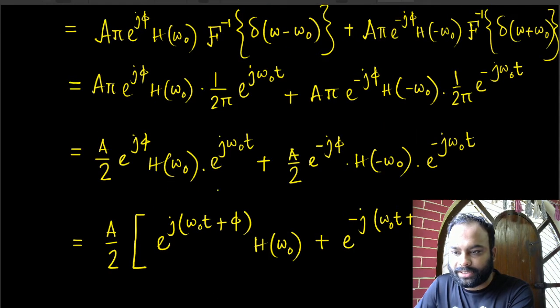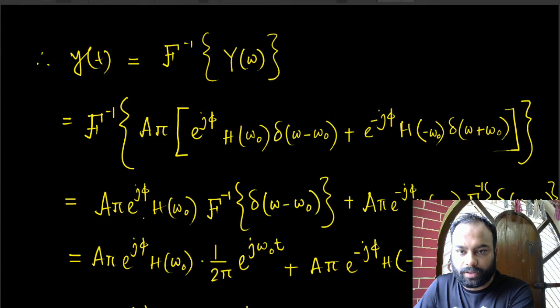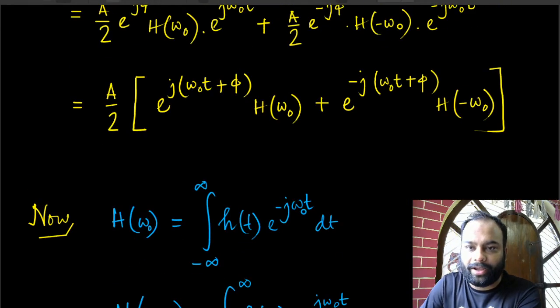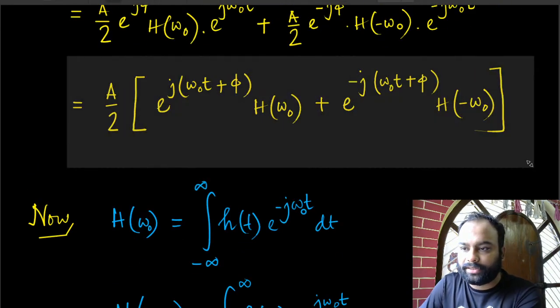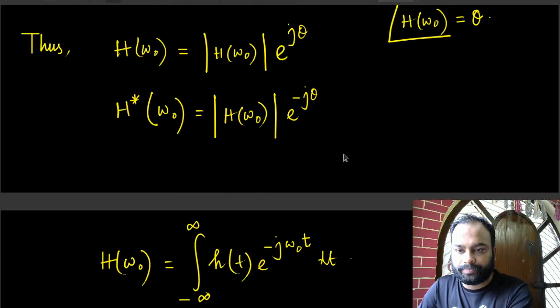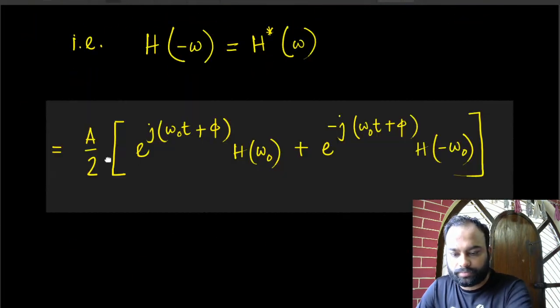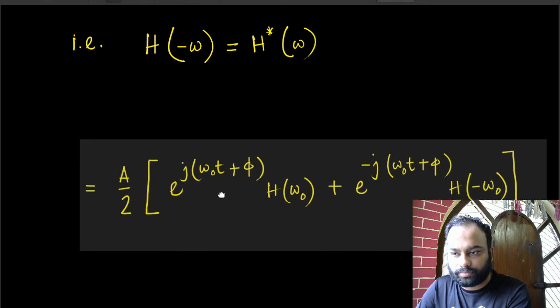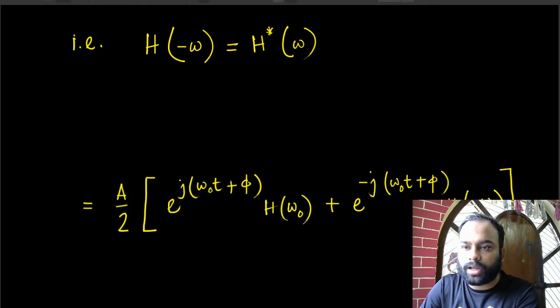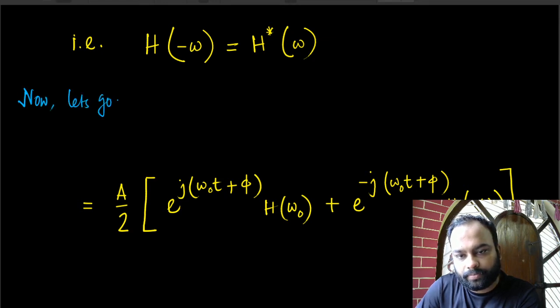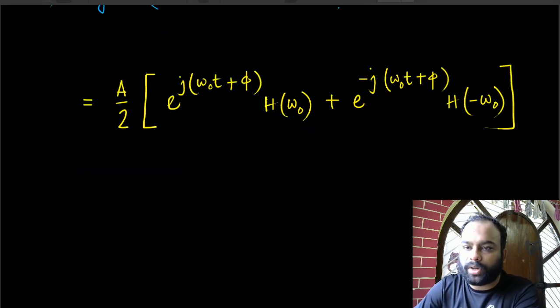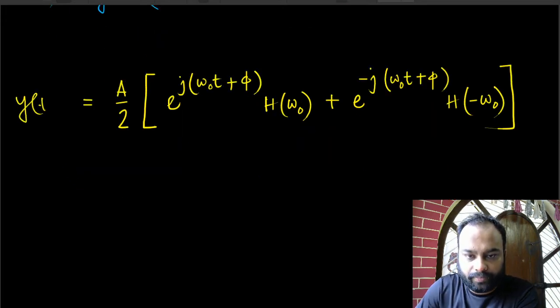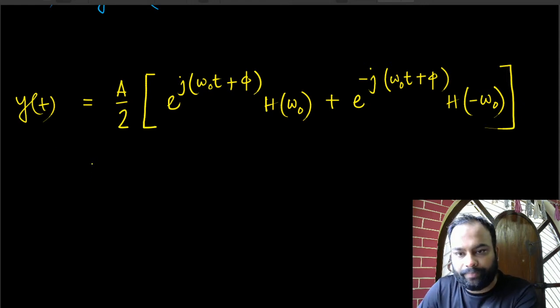We had this, right? So y(t) was this. Let me again copy and paste. Now let's go back, so this was our y(t). We have taken the inverse Fourier transform already. Omega naught is a constant.